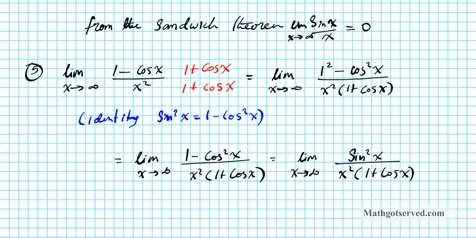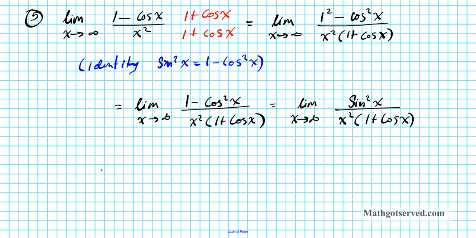So I'm going to express this limit as follows: the limit as x approaches infinity of sine x over x times sine x over x times 1 over 1 plus cosine x.